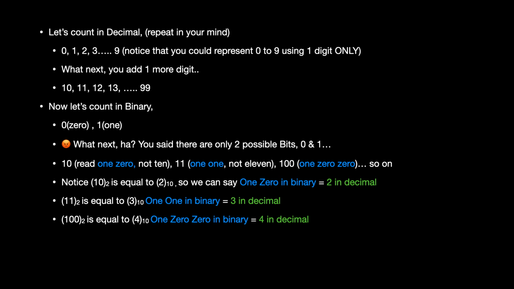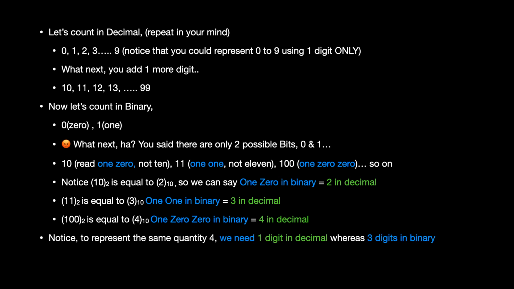That is, 100 in binary is equal to 4 in decimal. Notice to represent the same quantity 4, we need one digit in decimal, whereas 3 digits in binary. Also remember 10 to the base 2 is not equal to 10 to the base 10.